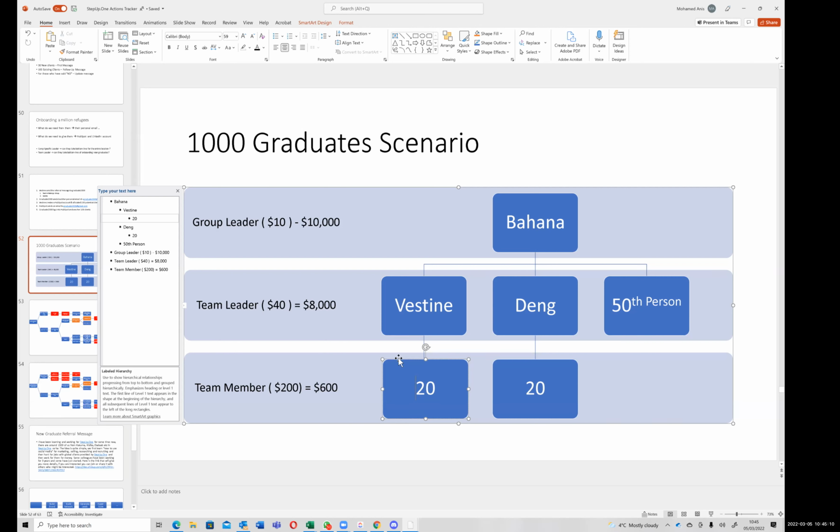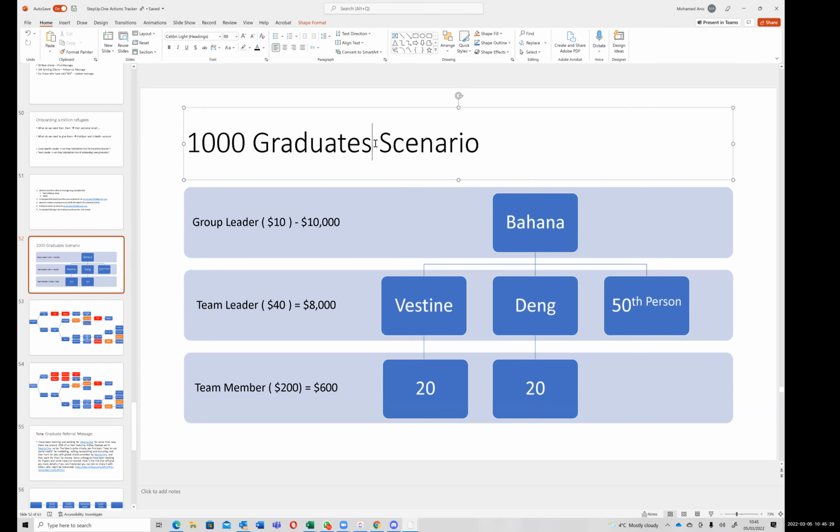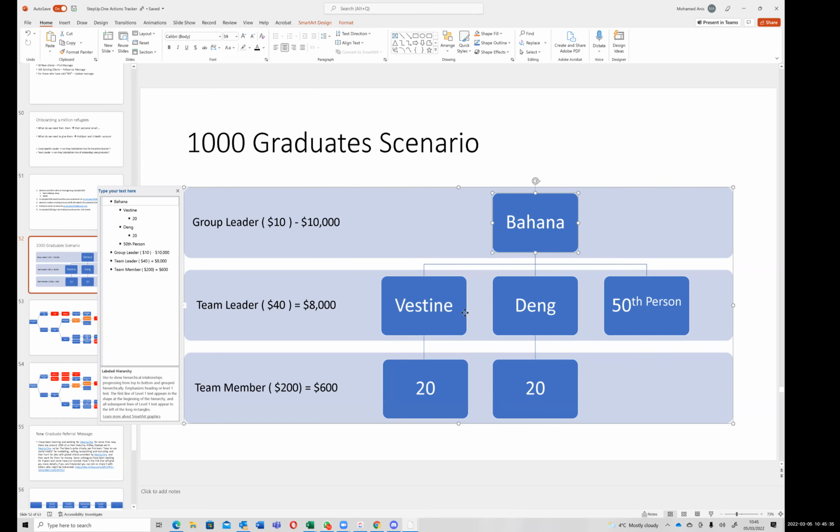Westin has Priscilla under her, and Priscilla says, no, I can't work for Westin anymore, I want to become a team leader. And Westin says, I can't work for Bahana, I want to become a group leader. We want to see how and when that can happen, because we want to be able to reward entrepreneurial behavior, isn't it?